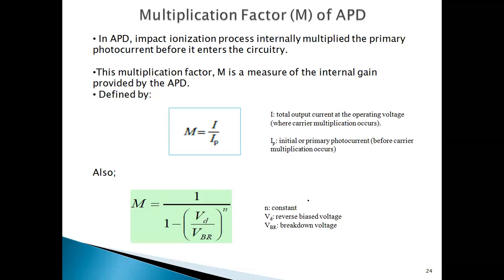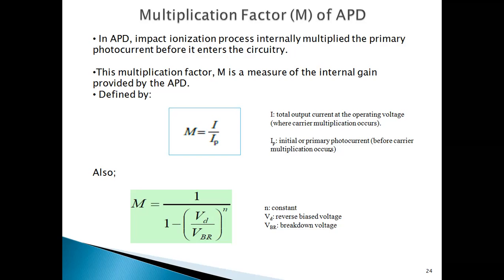Okay. So for the multiplication factor of the APD, which is due to this impact ionization process, we can calculate the value of the multiplication factor M, which is given by this equation: M equals I over IP, in which I is the total output current at the operating voltage, the output current produced after this multiplication process, whereas IP is the initial current, or the primary photocurrent, before the carrier multiplication process occurs.